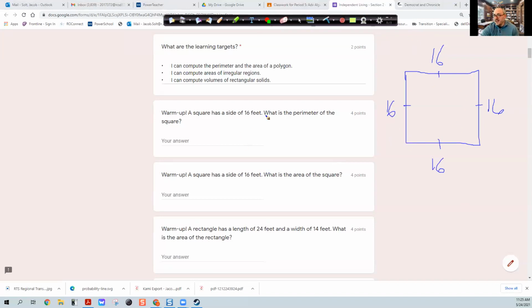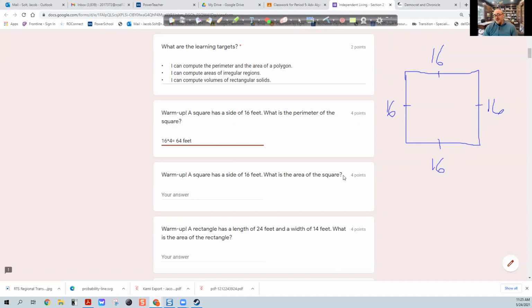And what is the perimeter? The perimeter is the distance around the outside when you add up all the sides of the square. So 16 plus 16 is 32, and then 32 plus 32 is 64. So you could also have done 16 times 4, which equals 64 feet.